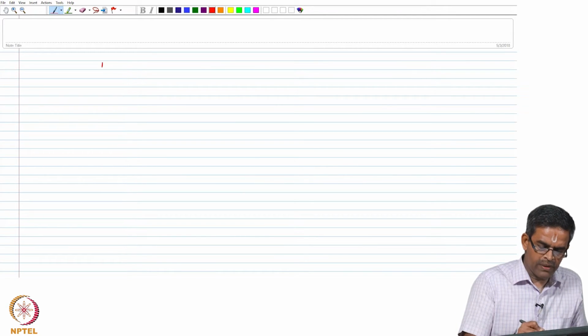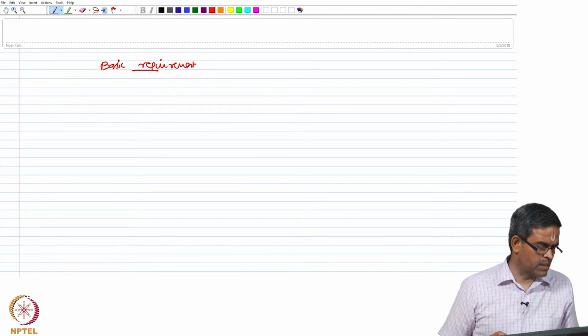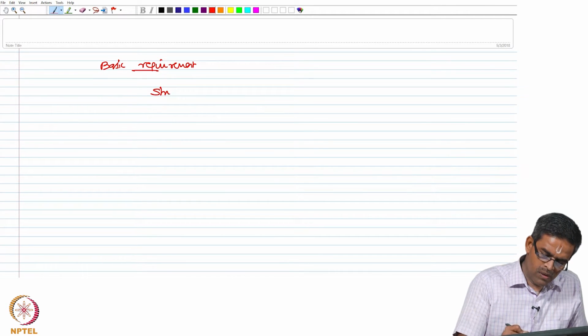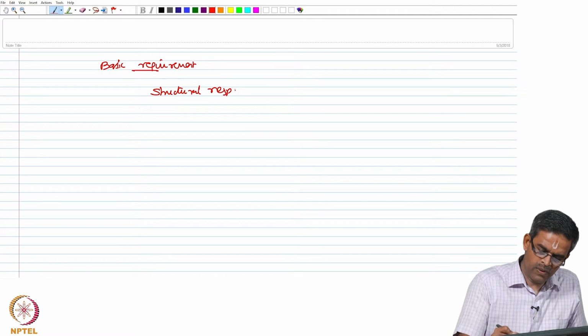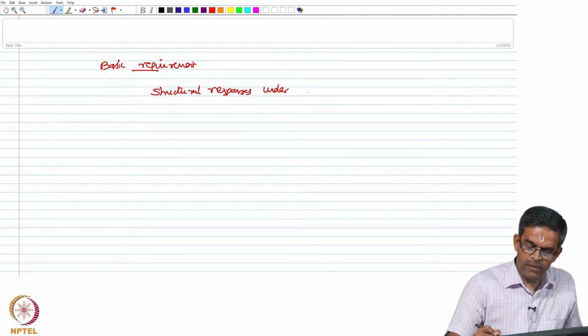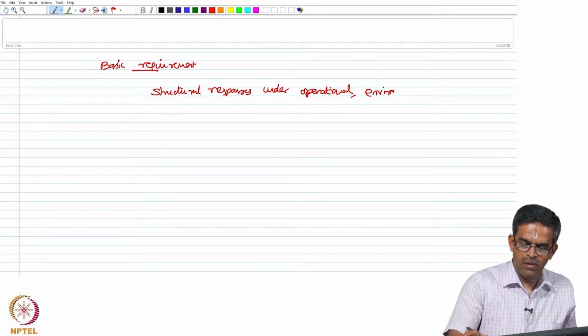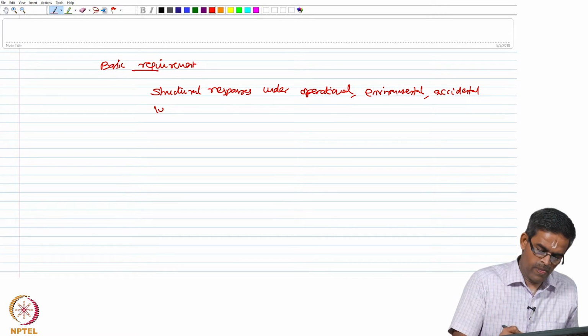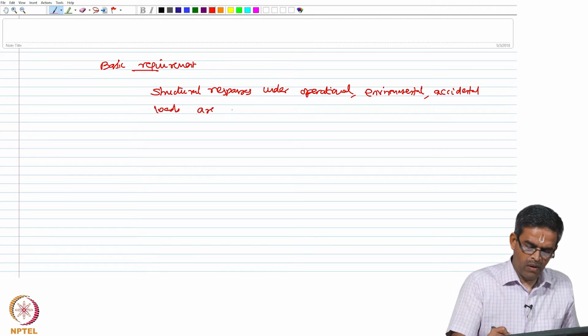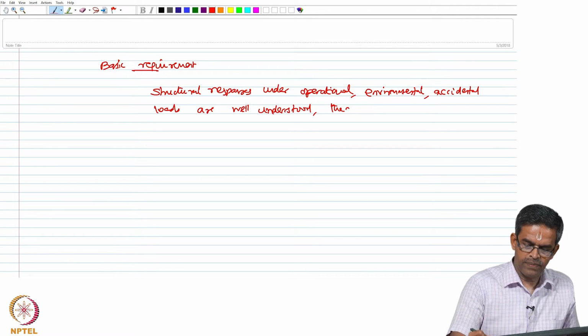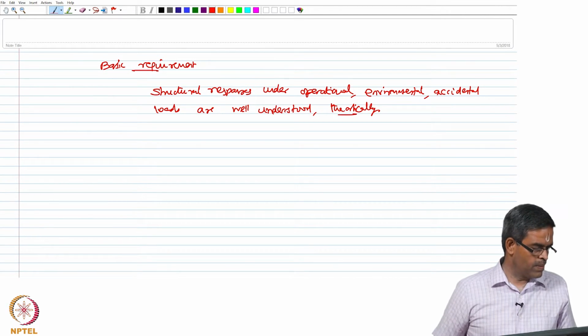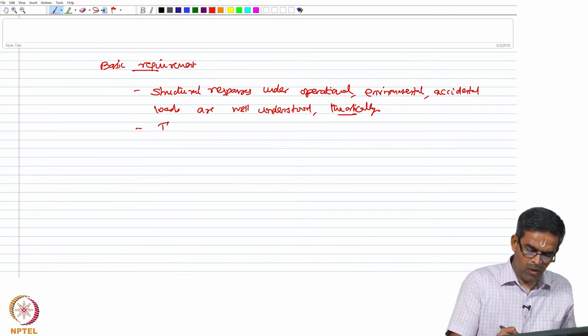Now, the basic requirement of machine learning is as follows: structural responses under operational, environmental and accidental loads are well understood theoretically. They are also documented well.